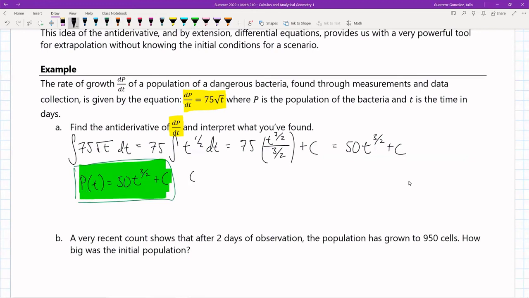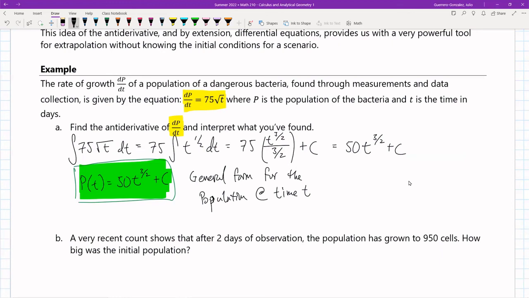This is the general form for the population at time t.